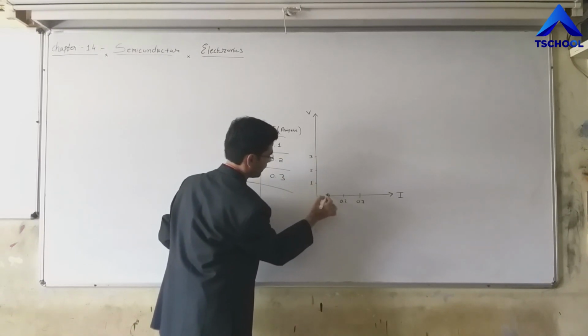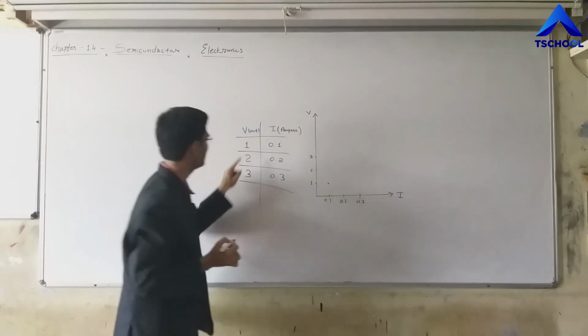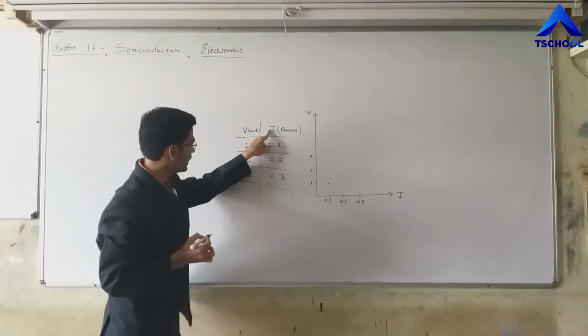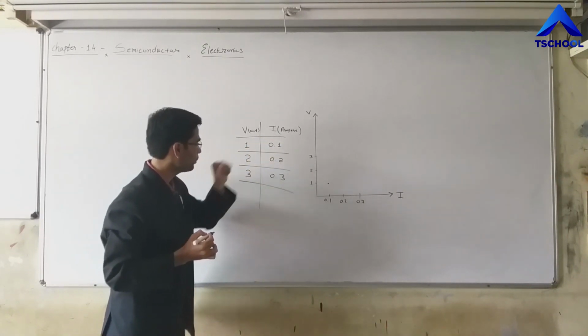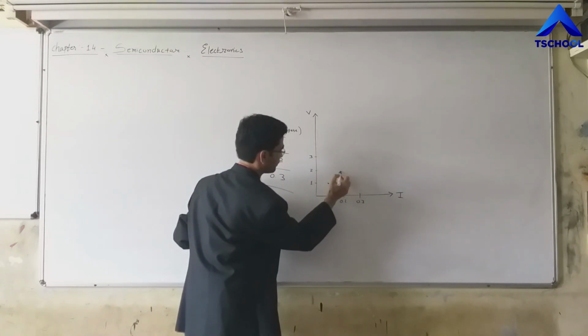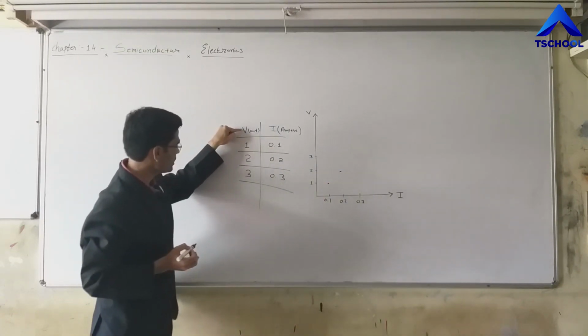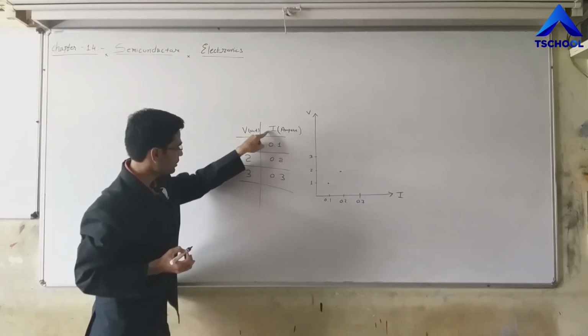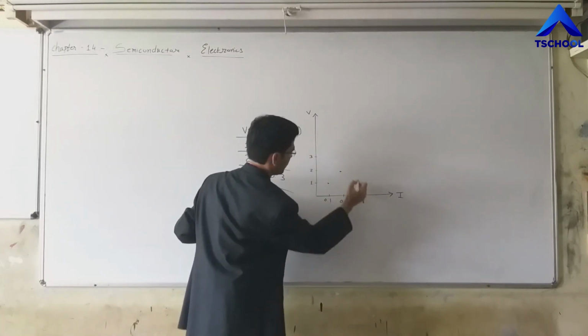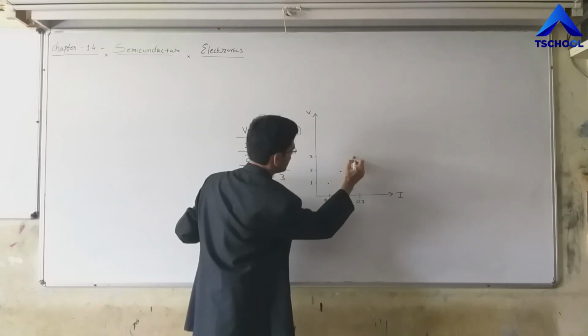When V is equal to 2 volt, current I is equal to 0.2 ampere, so 2 volt and 0.2. Now V is equal to 3 volt and I is equal to 0.3 ampere, 3 volt and 0.3 ampere.